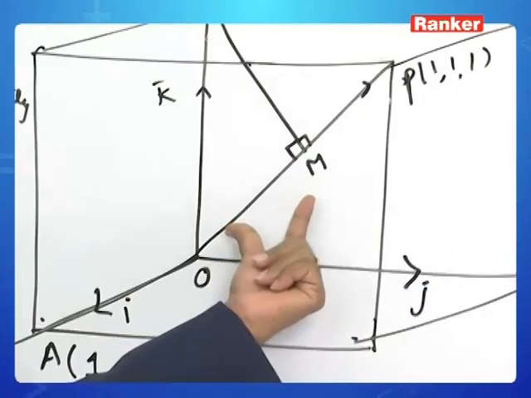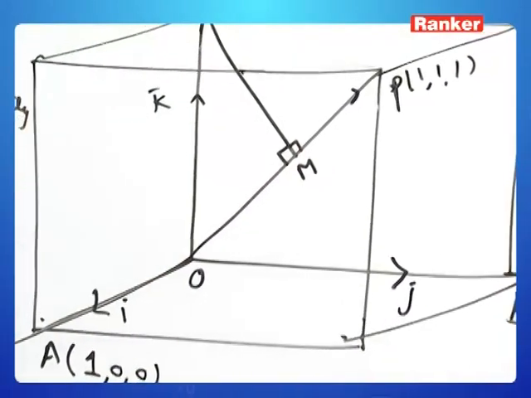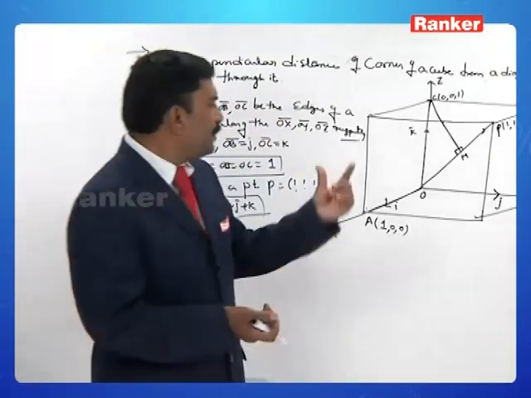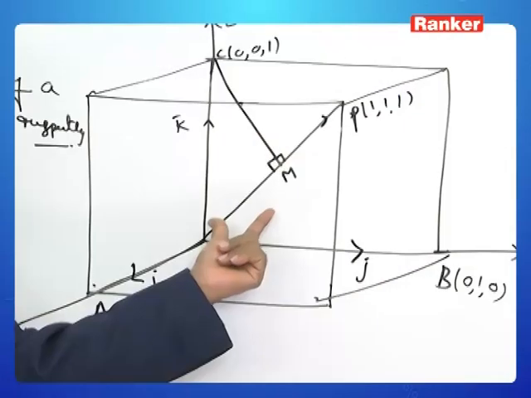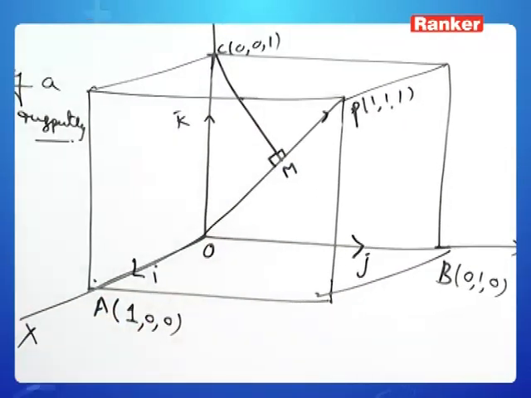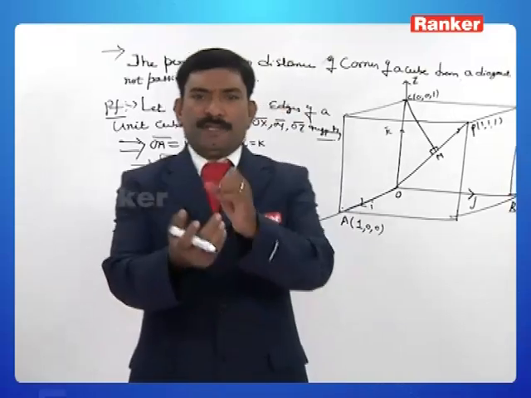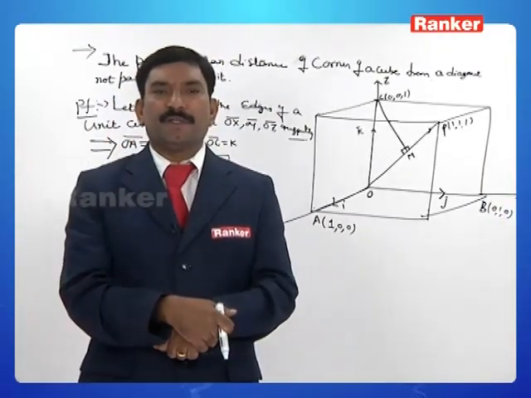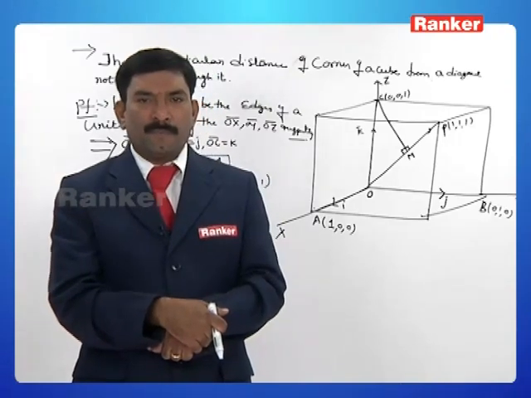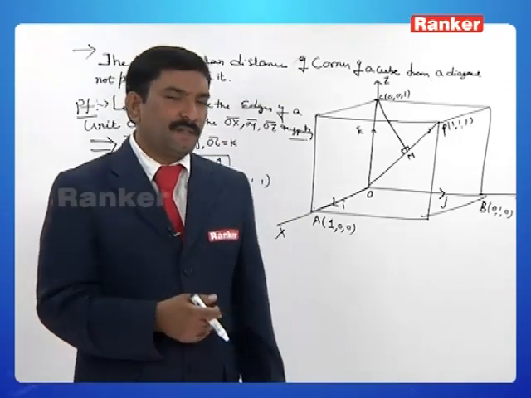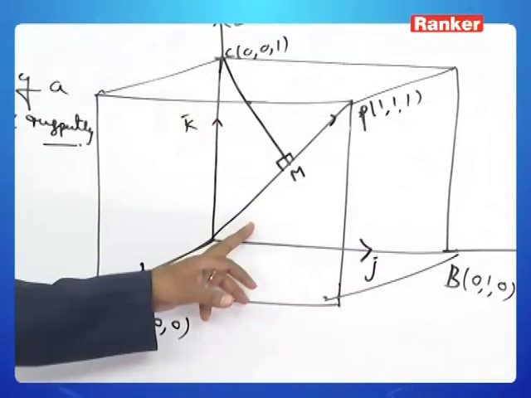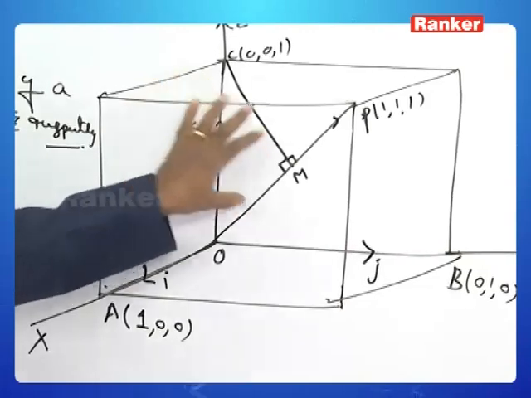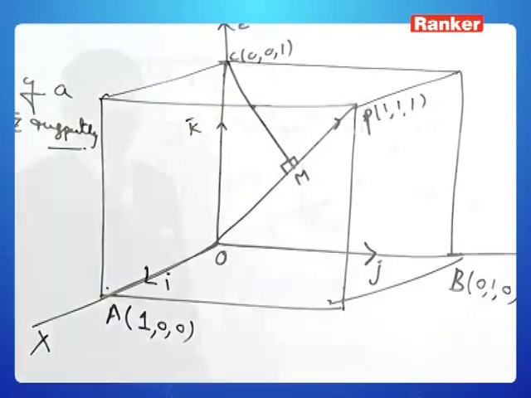Now OM is the length on OP. This length OM is nothing but a projection. We have already dealt with this concept in previous classes. OM is the projection of OC bar along OP bar.